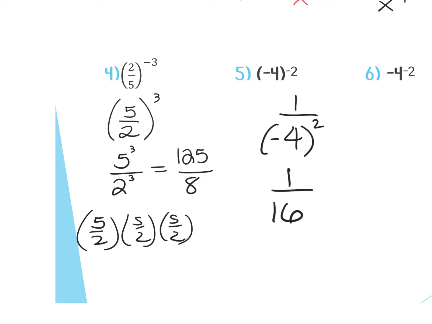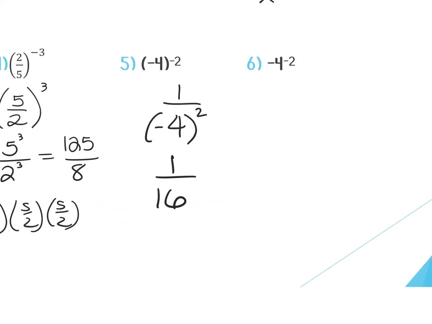Look at number 6. It looks just like number 5, but notice this time there's no parentheses. So remember, this power of the -2 is only on the 4. It's not on the negative sign. So you can either think of this negative sign as being a -1, and then times 4 to the -2.